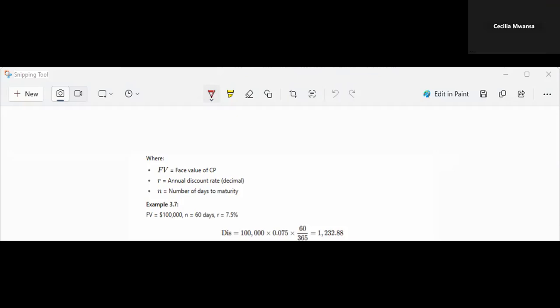Okay, right, so we now go to another segment, which is called the money market yield. The questions that we have in our textbook for the money market yield are as follows.